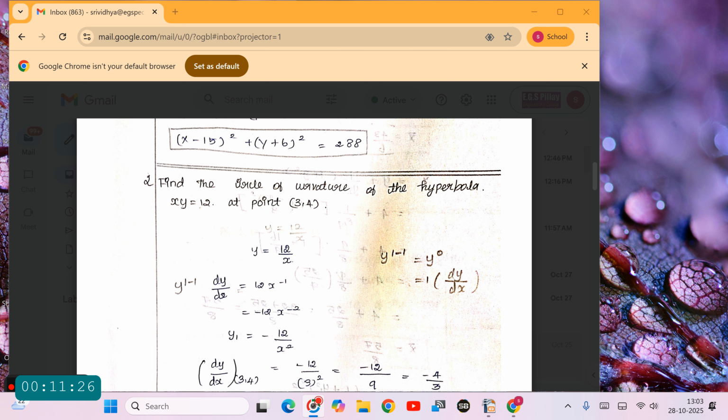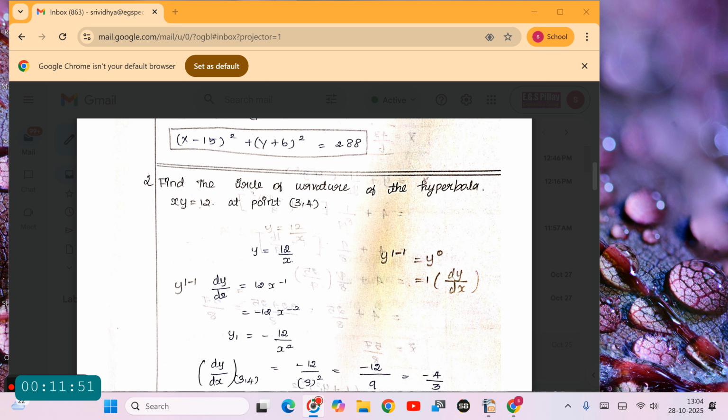Taking the first differentiation with respect to x, differentiation of y on the left hand side is dy by dx. Before differentiation we have to bring x into the numerator. We are getting 12 x power minus 1, and if we take the differentiation, we are getting minus 12 x power minus 2.